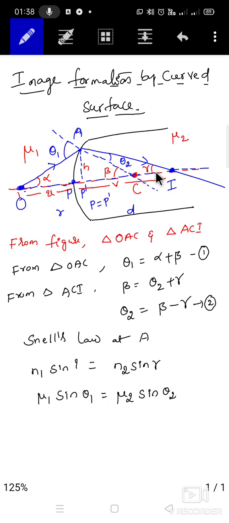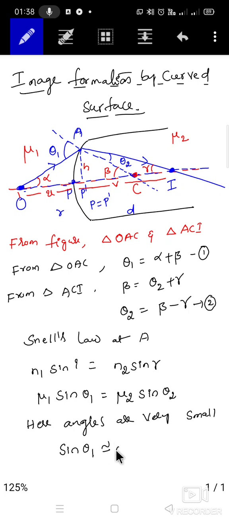Here these angles are very, very small. If angles are small, sin theta 1 is approximately equal to theta 1, and sin theta 2 is approximately equal to theta 2.